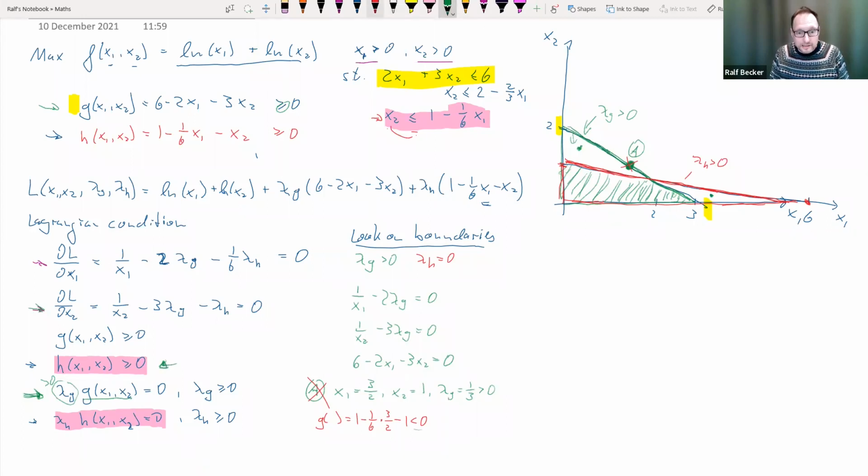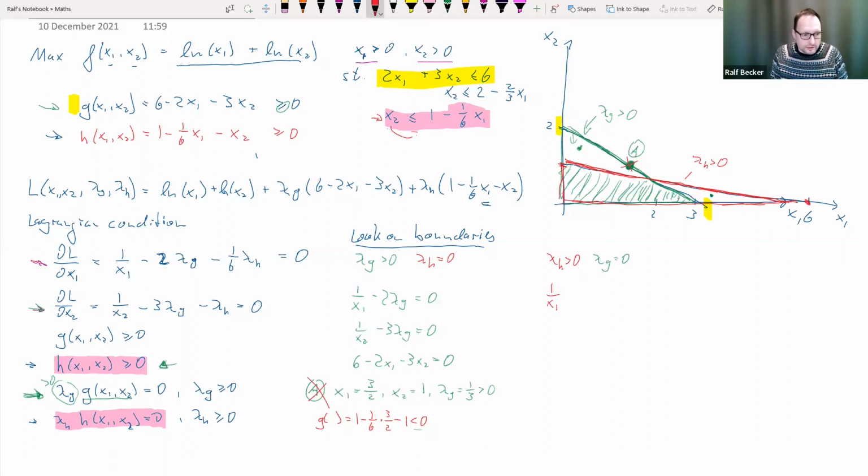Let's try where lambda h is larger than 0. So we are now looking at the red boundary, but we are setting lambda g equal to 0. So let's work that with red. What we get is 1 over x1.